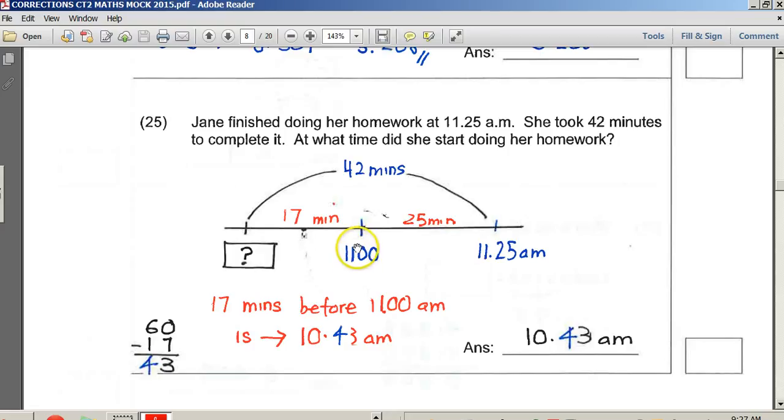From here, there is this thing called 60 minutes, minus the 17 minutes, and you get 43 minutes. Right, so the answer is from 11, before that is 10 plus, it is 10:43. So how do you get the 43? Take 60 minutes, takes away 17 minutes, you get 43. Right, your answer is 10:43. She started doing her homework.